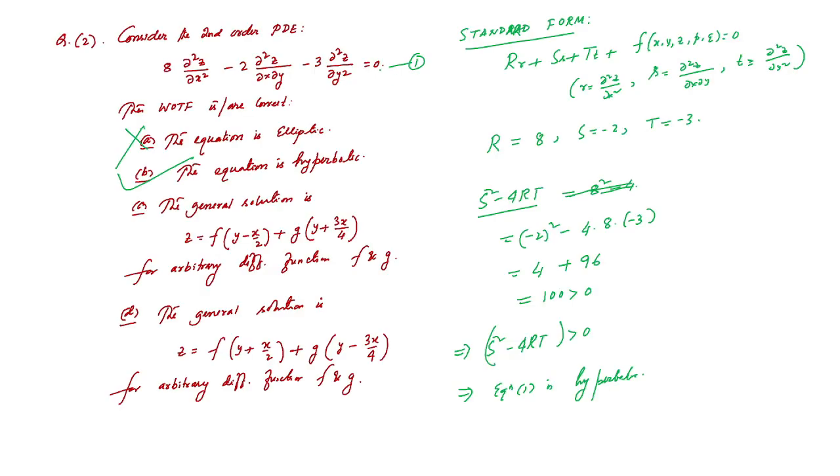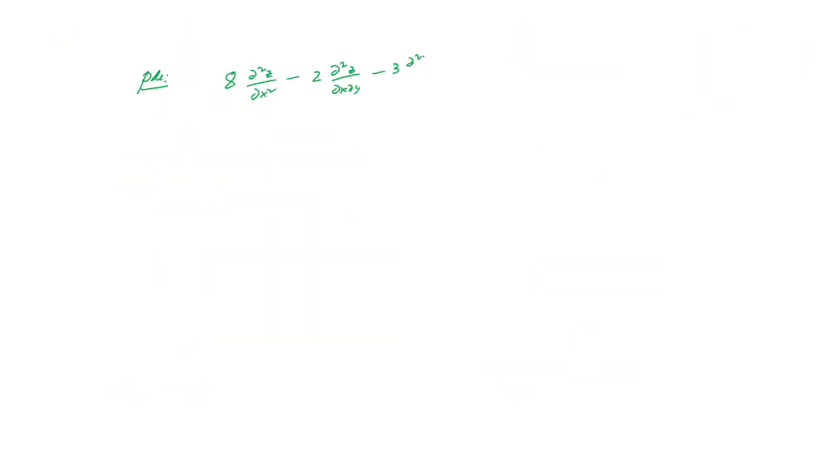So here our PDE is 8 ∂²z/∂x² minus 2 ∂²z/∂x∂y minus 3 ∂²z/∂y². So we will consider ∂/∂x, that is D, as m for the auxiliary equation, and ∂/∂y as 1.